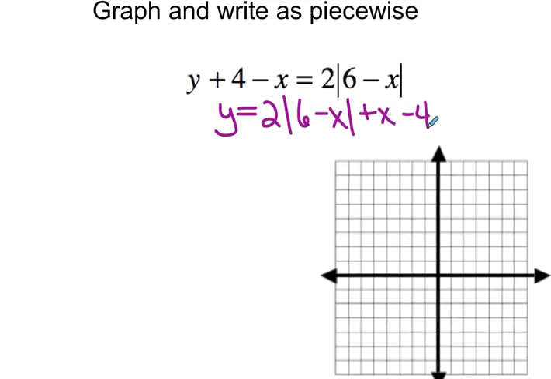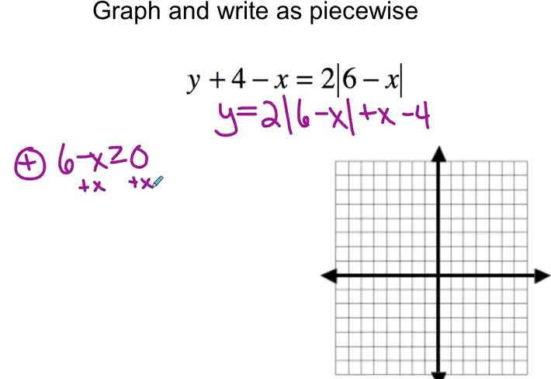So the positive is if I do 6 minus x, because that's what's inside the bars, greater than or equal to 0. This is where it gets a little interesting. You can subtract 6 and then divide by -1. Just remember, if you divide by -1, you do flip the sign. Or what I'm simply going to do is just add x.